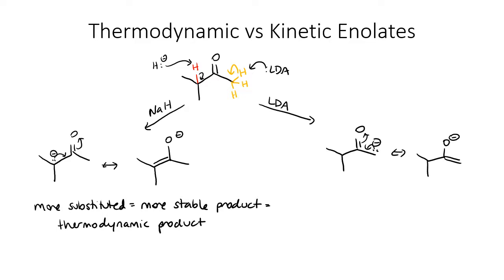But as we can see, we've formed a double bond that is less substituted. So the least substituted double bond corresponds to the least stable enolate product. However, this product forms very easily and very quickly, so it's known as the kinetic product.